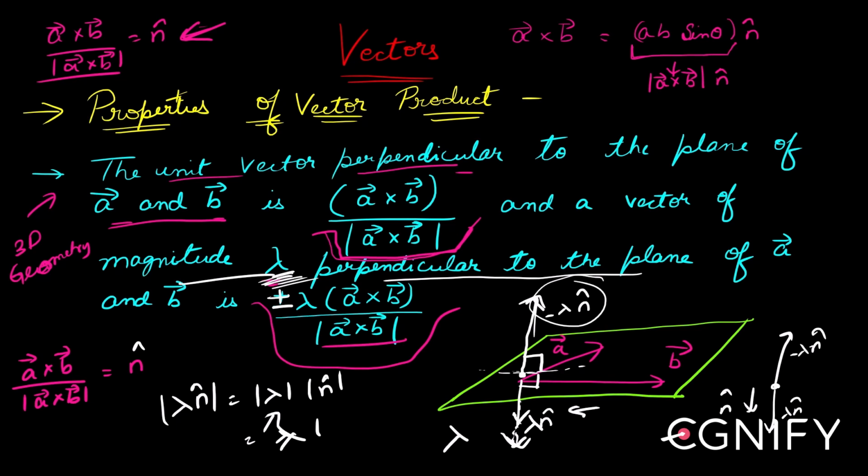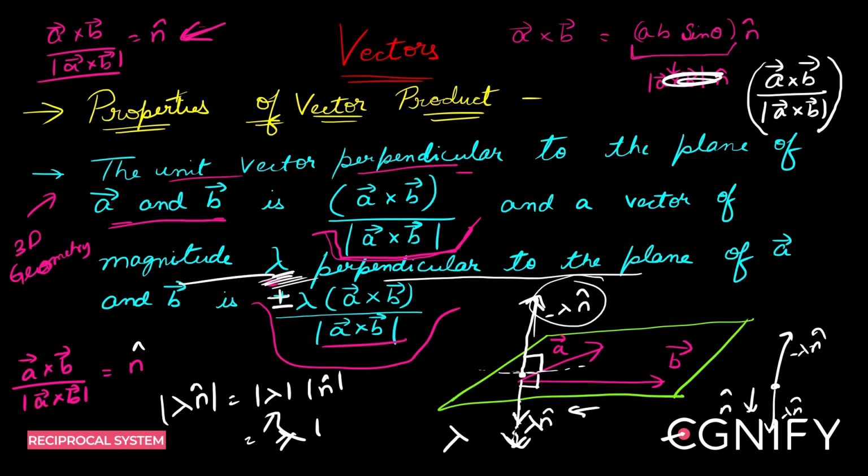So ultimately the whole point of this property was, if you have two vectors and you need a third vector which is perpendicular to both of them with a specific magnitude, you're supposed to take their cross product and divide it by the magnitude of the cross product. This will give you a unit vector which is perpendicular to the plane.